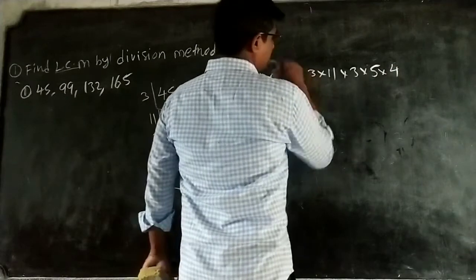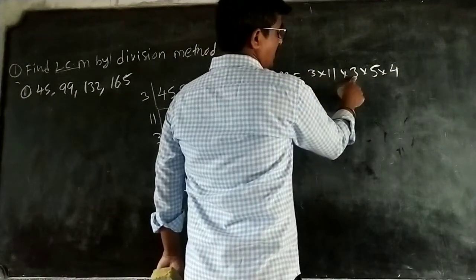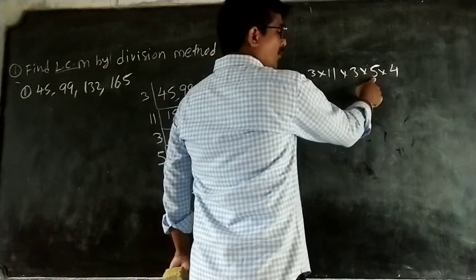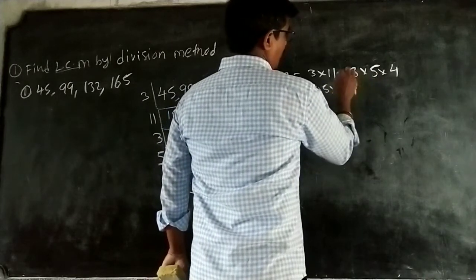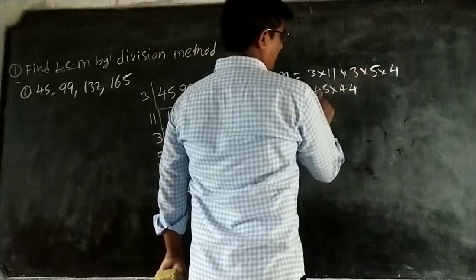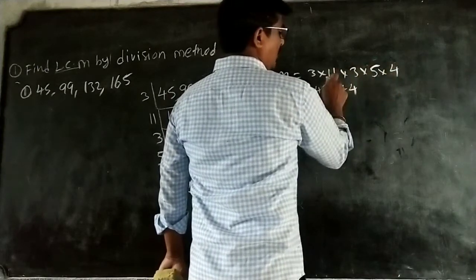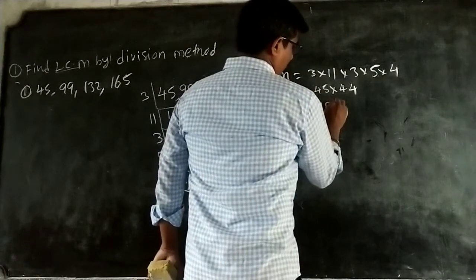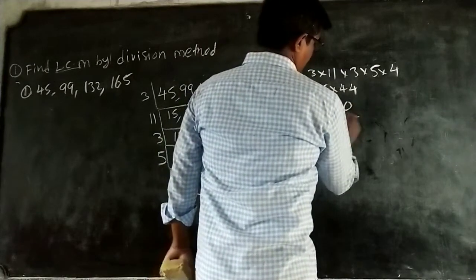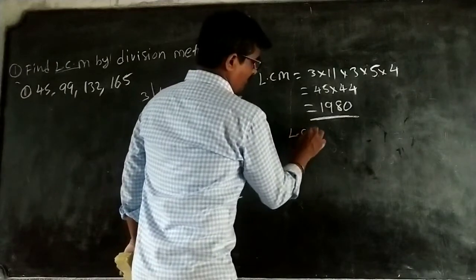Okay. Next, 3 times 3 is 9, 9 times 5 is 45, 45 into 4 into 11. Whenever you multiply, you get 1980. This is our LCM.